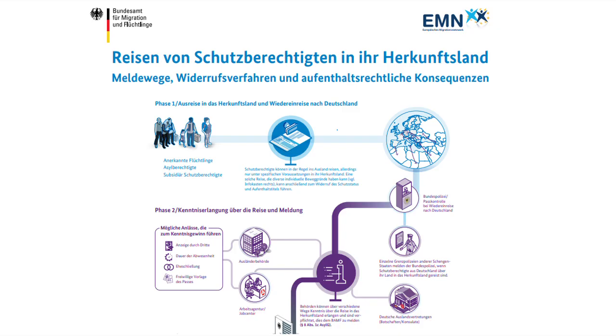In addition, in case a holder of protection in Germany travels to his country of origin through the border of one of the Schengen member states, the border police of these states also inform the German Federal Police about it.